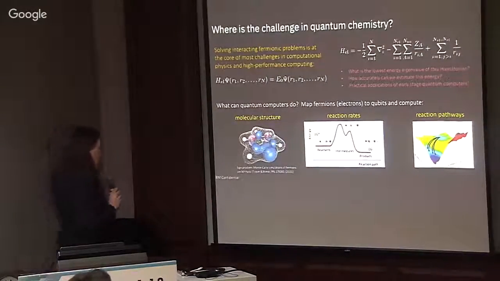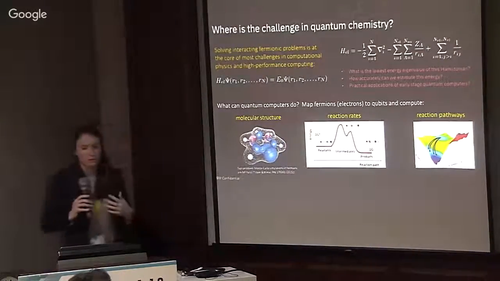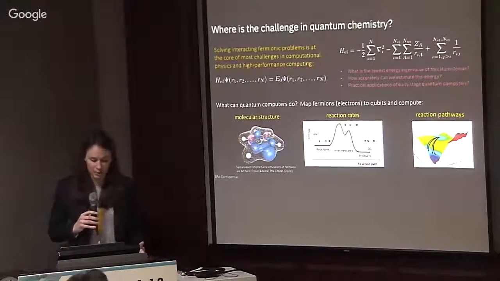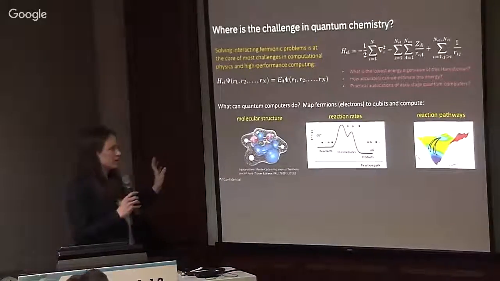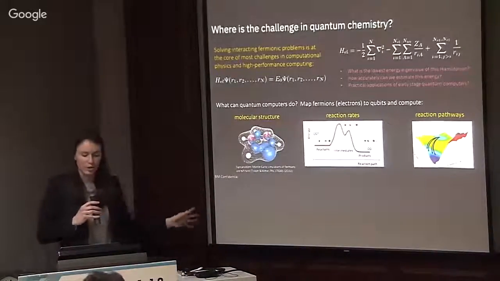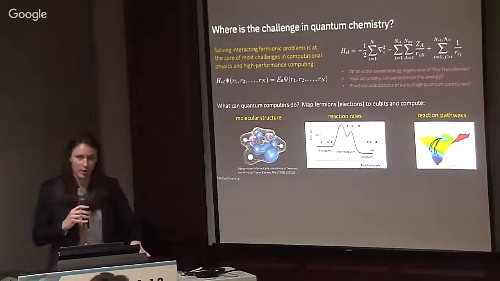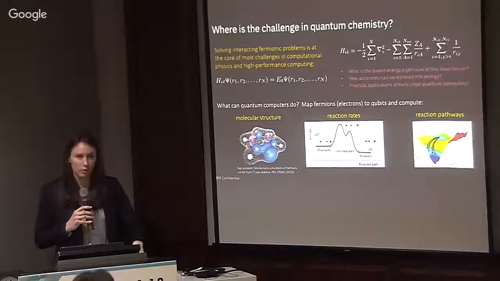And so what the quantum computer does in this particular case is you take this Hamiltonian that's describing interacting fermions, and you map it onto qubits.